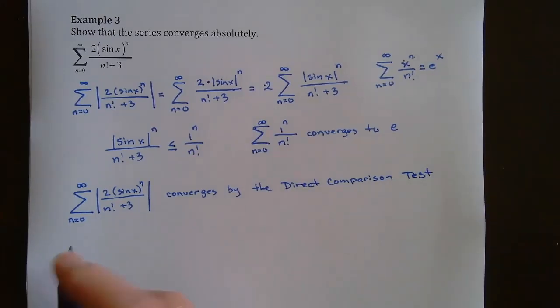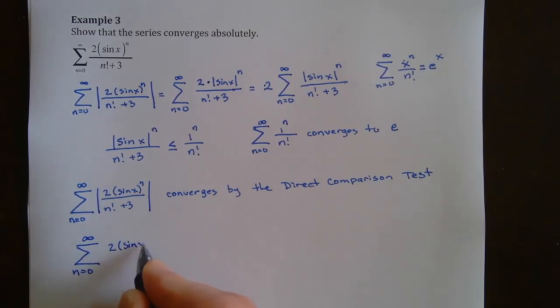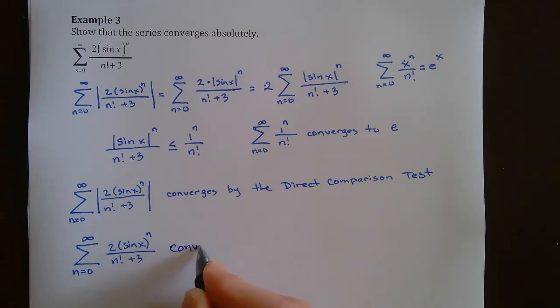And so we know that the original series, the sum from n equals 0 to infinity of 2 times sine of x raised to the n power over n factorial plus 3, converges absolutely.